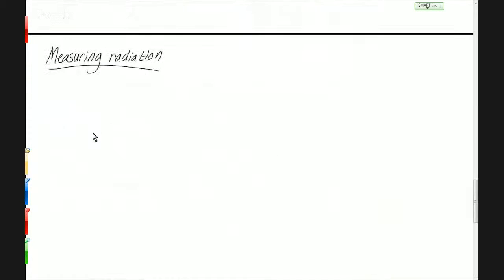And we have a couple of units for that. We're not going to spend too much time on these because these aren't really as important to us. But there's the Curie, Ci, after Marie Curie, who discovered radium. And there's the Becquerel, Bq, after Henri Becquerel, who discovered another type of radiation.